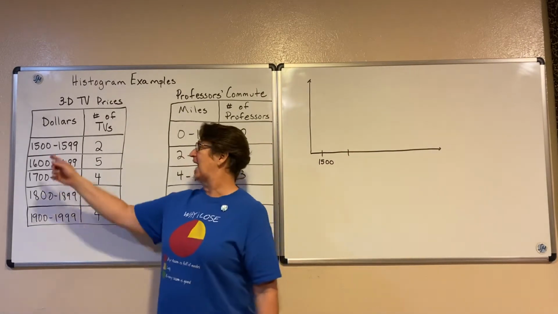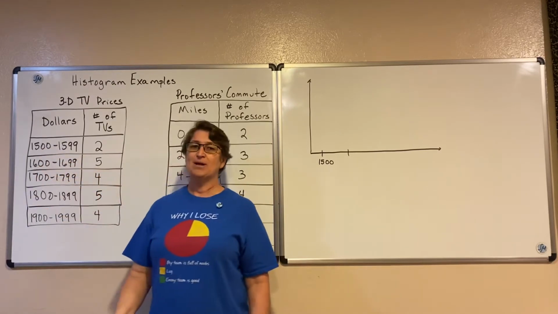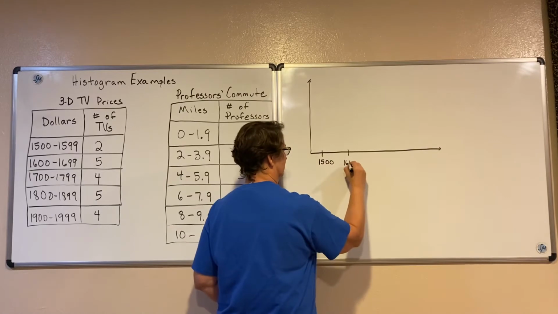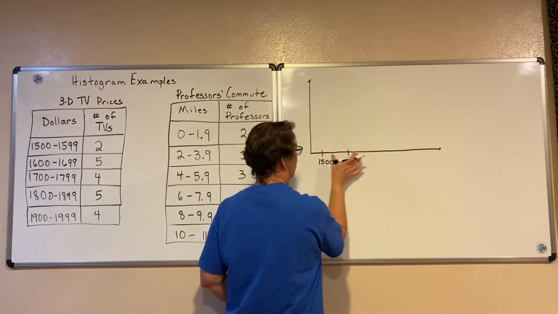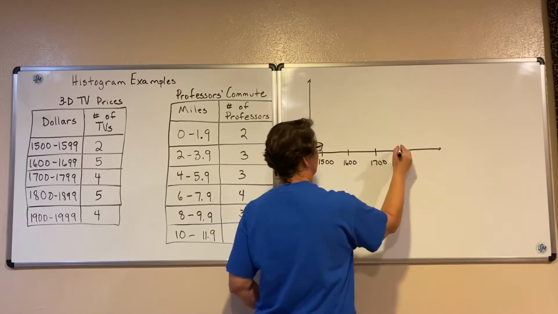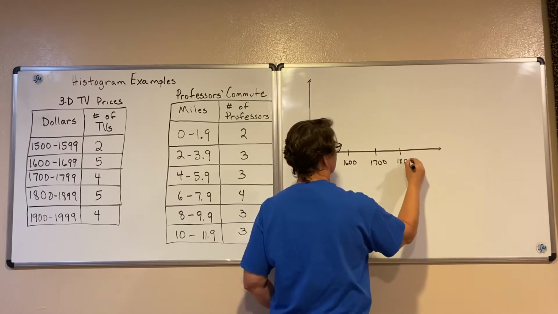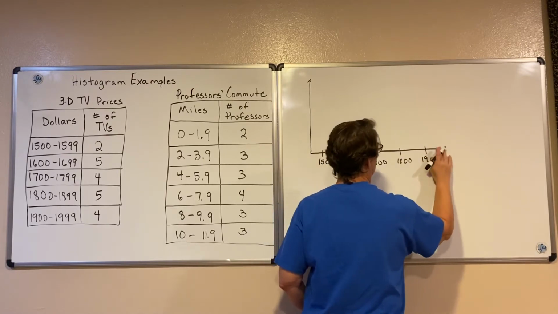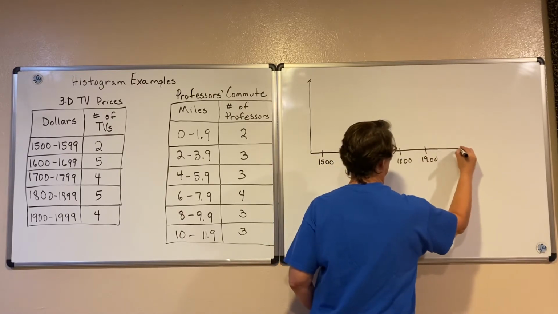And since my class width was 100, it makes sense to count by hundreds. So from 1500 to 1600, same width, 1700, same width, 1800, same width, 1900, and last but not least, 2000.